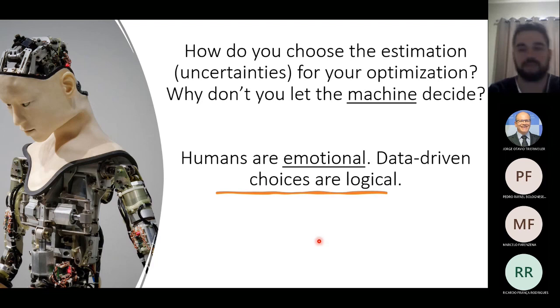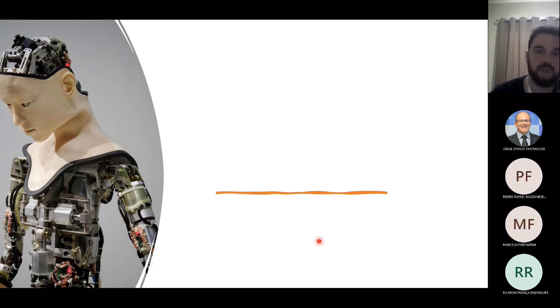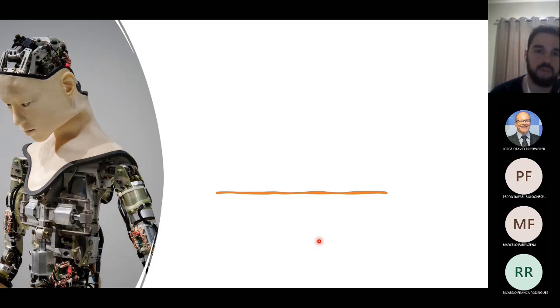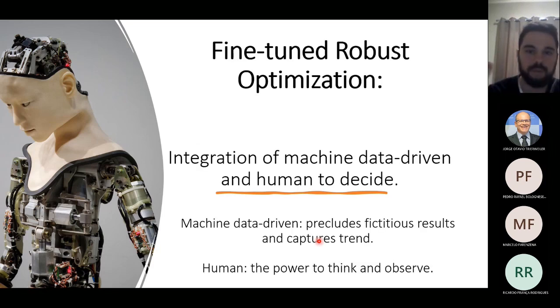Humans are emotional. Data-driven choices are logical. How to do optimization? Humans create models that represent real life. Machines don't have this power better than humans. We are better observers. So fine-tuned robust optimization uses the integration of machine data-driven and human to decide.